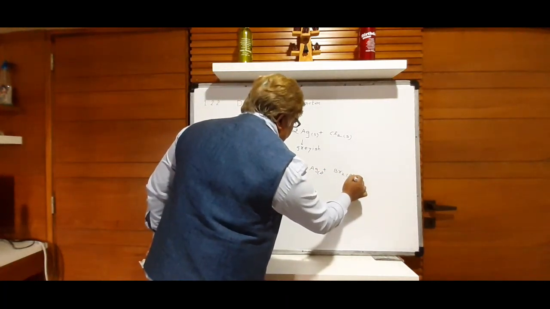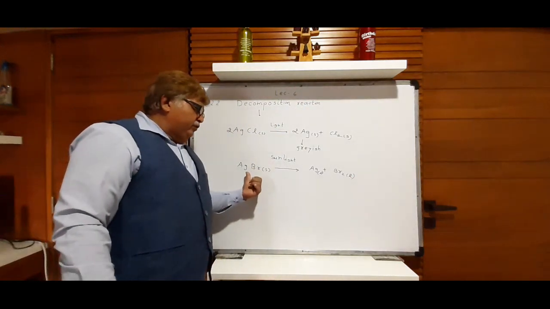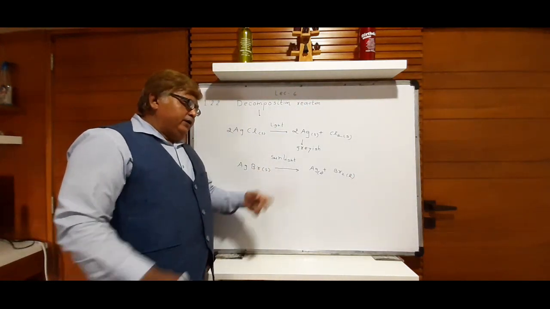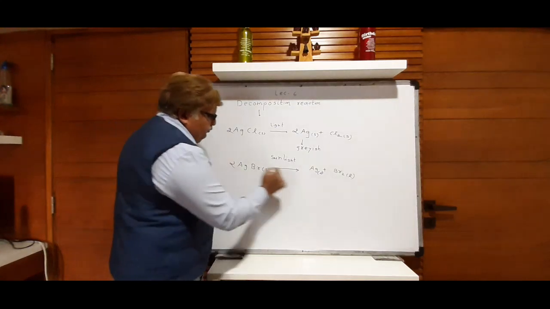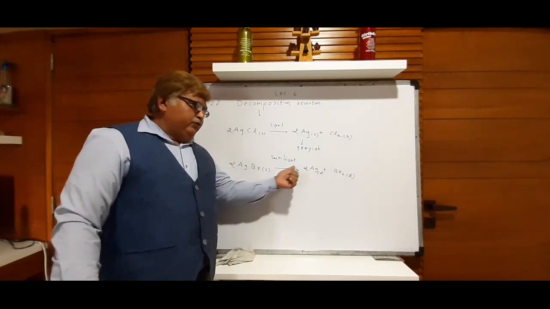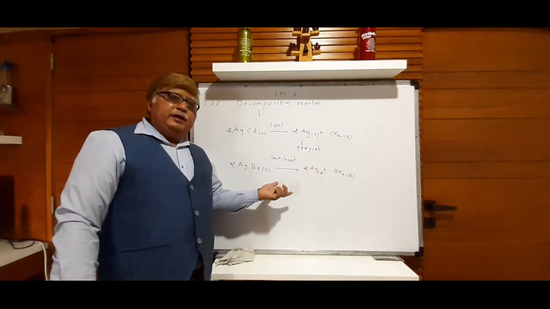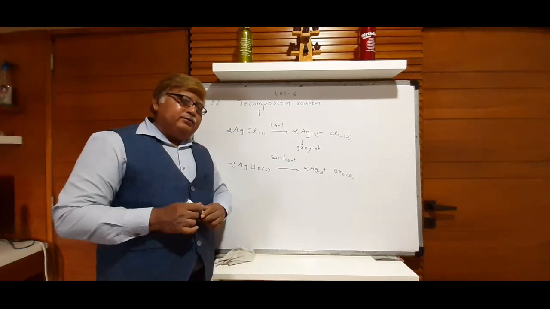So, my dear student, what happened here? By exposing silver bromide to sunlight, it decomposed into silver and bromine. So this is also another type of decomposition reaction.